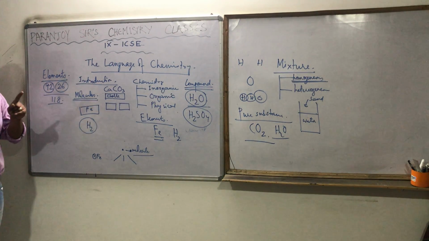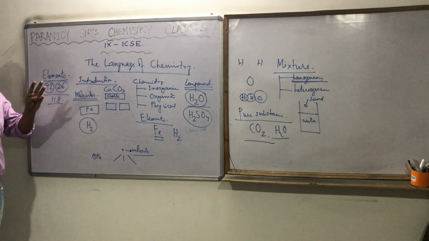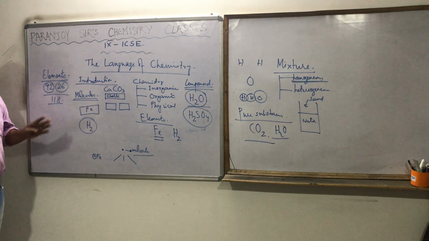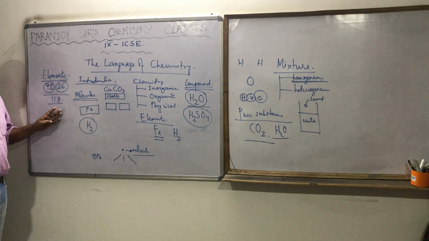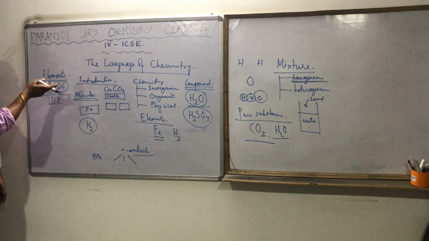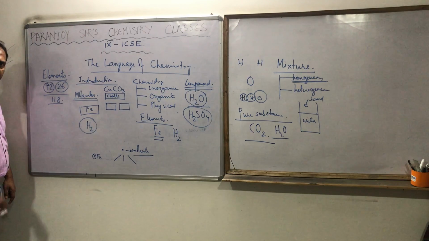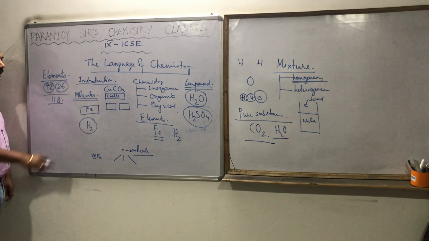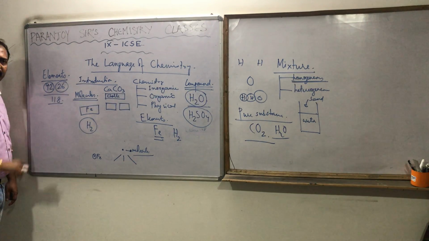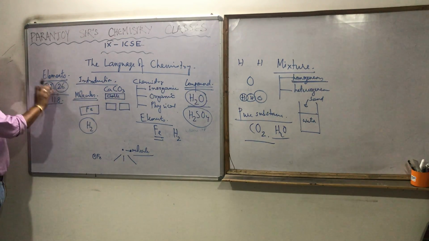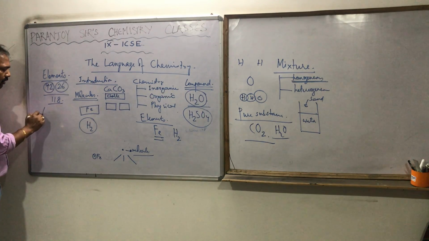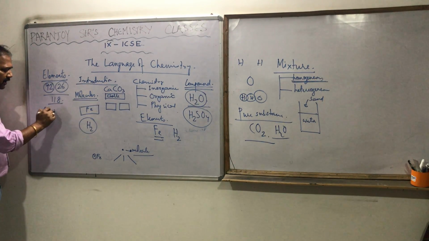It can be one atom, two atoms, three atoms, or polyatomic. Poly means many atoms. Depending on the number of atoms present in the element, they are subdivided into different categories, and the term by which they are categorized is called atomicity.